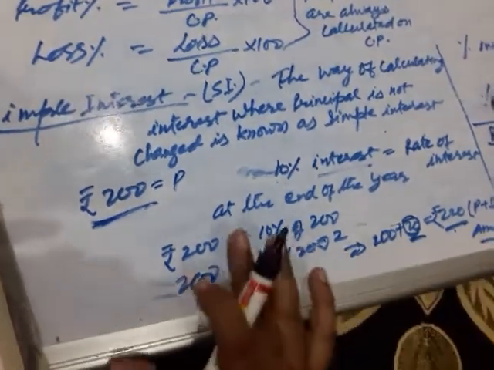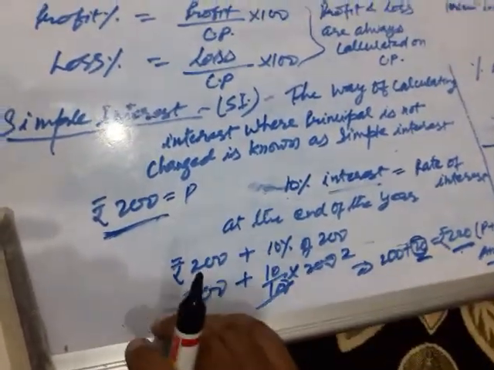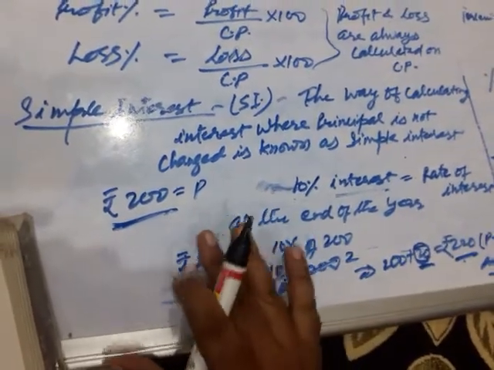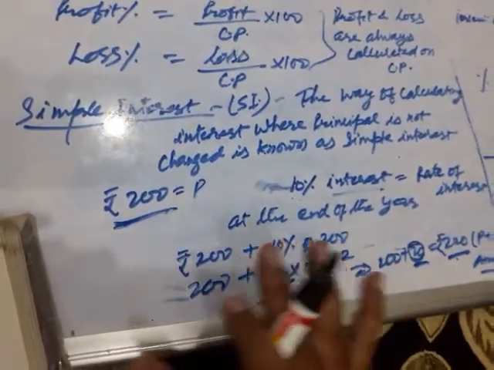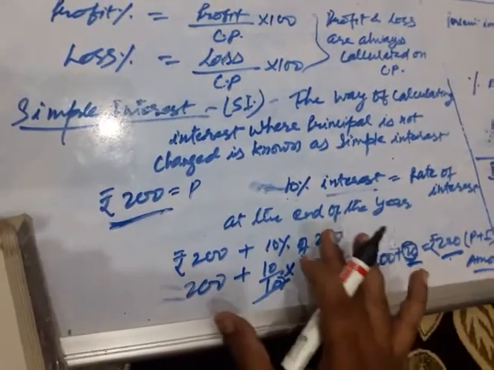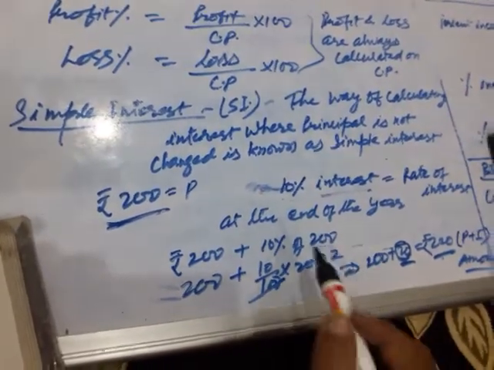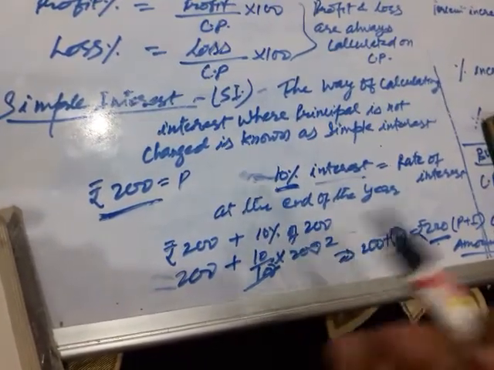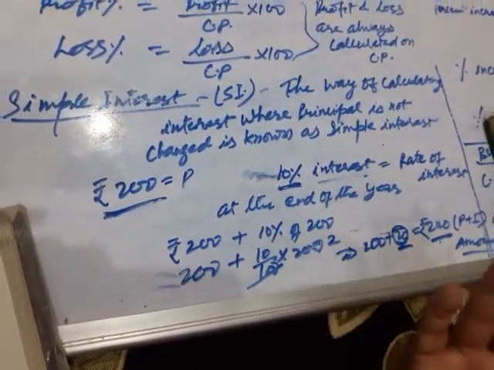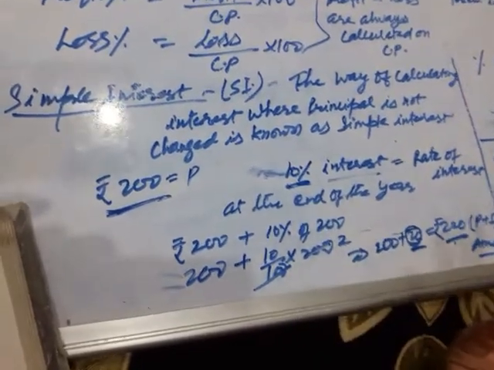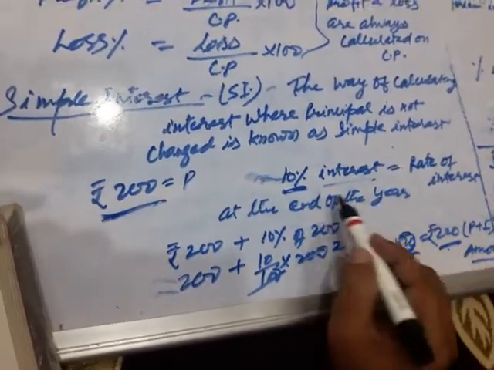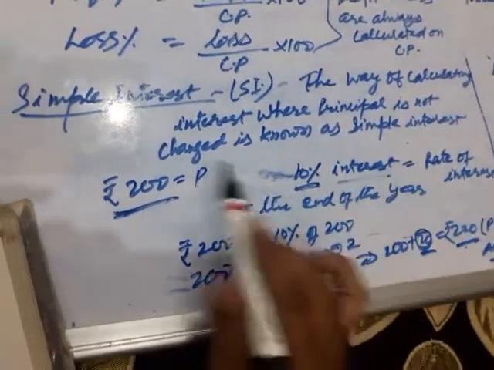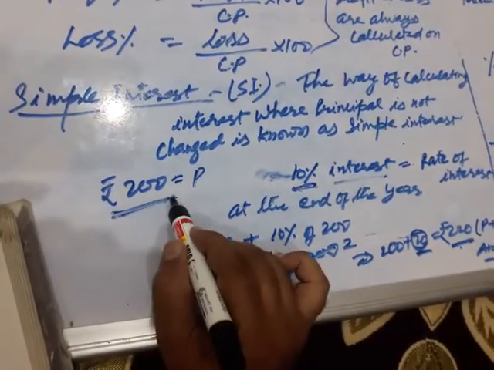Okay, children. So let us once again understand the situation. If you have given 200 rupees to any person, with the condition that for 1 year, at the end of 1 year, you will return 10% extra, that is 10% interest you will give me back. Did you understand the situation? You gave 200 rupees to a person.